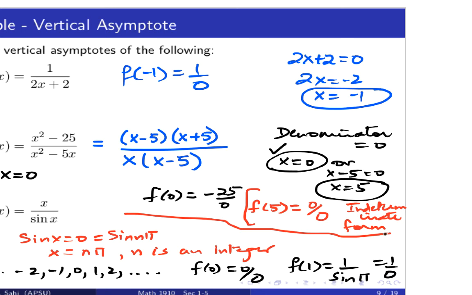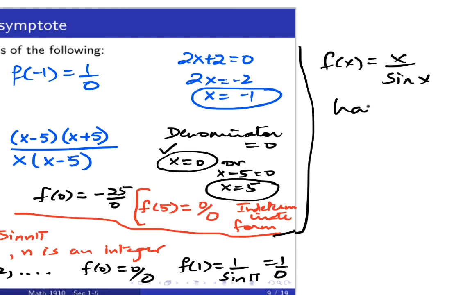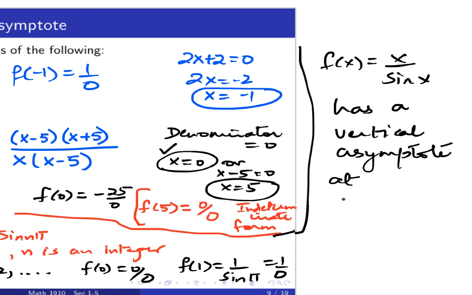So what's the final answer for this question? f of x equals x over sine x has a vertical asymptote at x equals n pi, where n is any integer.